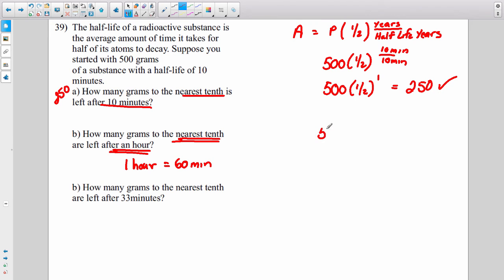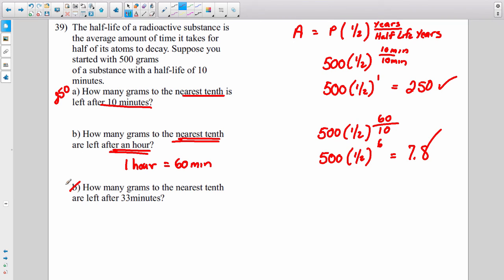So 500 times 1/2 raised to the 60 minutes that we've been sitting around waiting, over every 10 minutes it'll half itself. So unless you live in West Virginia, you know that that just means 6, right? So it's actually a very nice, easy problem. You're just going to go to your calculator and say 500 times 1/2 raised to the 6th, and we're going to get, rounded to the nearest tenth, 7.8.